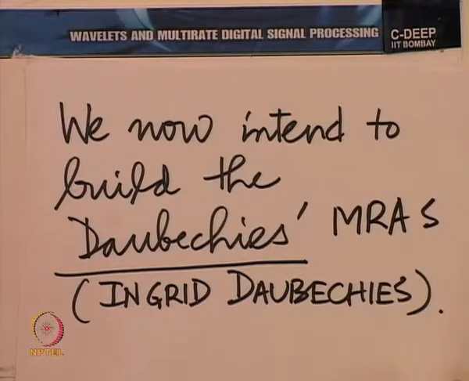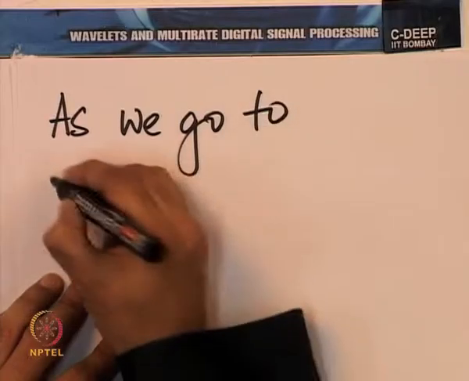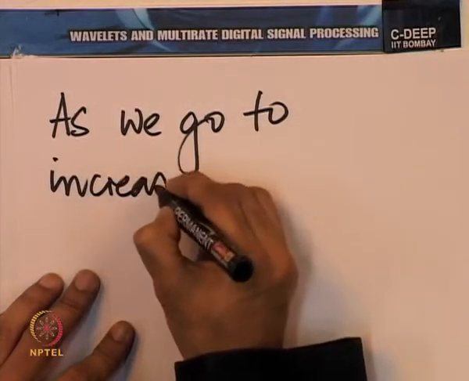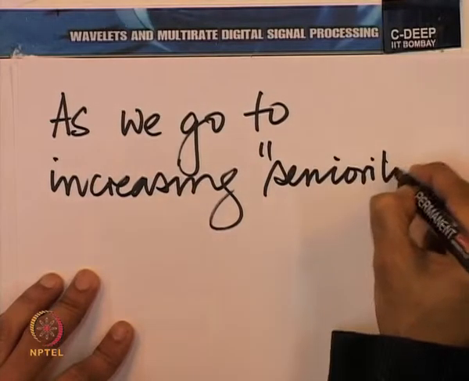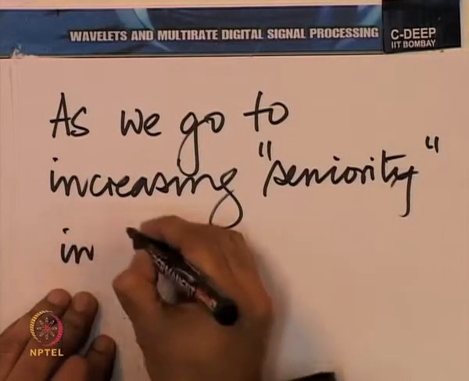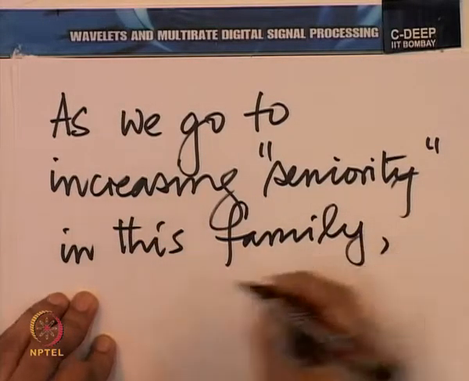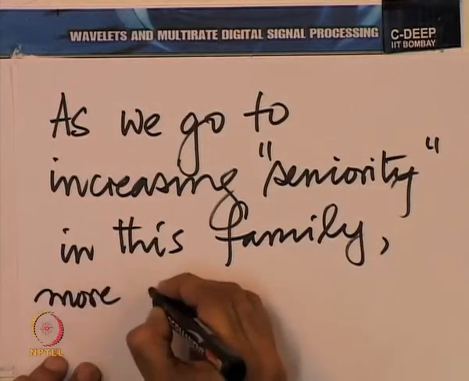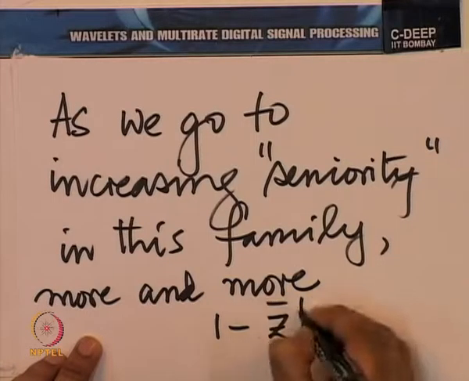And the feature of these Daubechies MRAs is that as we go to senior members of the family, as we go to increasing seniority, there are more and more 1 minus z inverse terms.